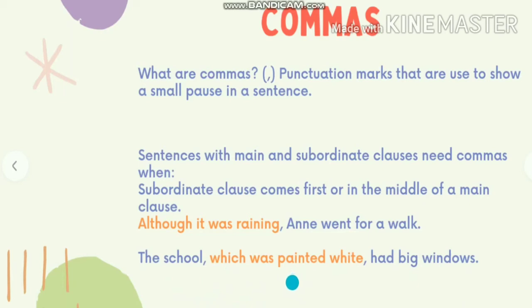Is it a subordinate clause or a main clause? Does it make sense to you? No. So the orange one here is the subordinate clause. Because the subordinate clause is placed in the middle of the main one, "the school had big windows", we need two commas. The school, which was painted white, had big windows.